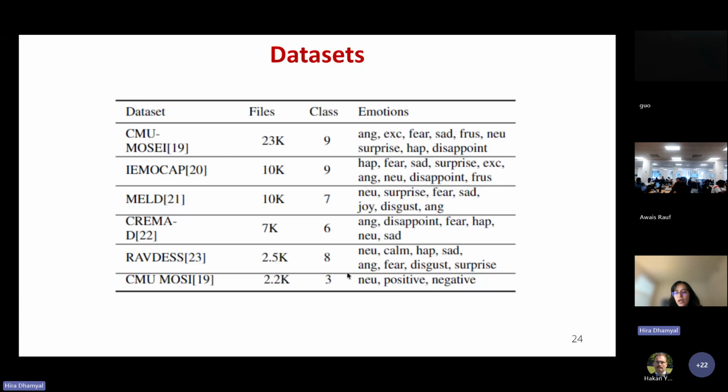I'm showing here the number of different emotion classes presented in each data set. For example, the CMU MOSEI data set has 9 different discrete emotions represented. It is not always the case that we have the same emotion in another data set, so there is a discrepancy in how they're labeled and in how many labels are present.